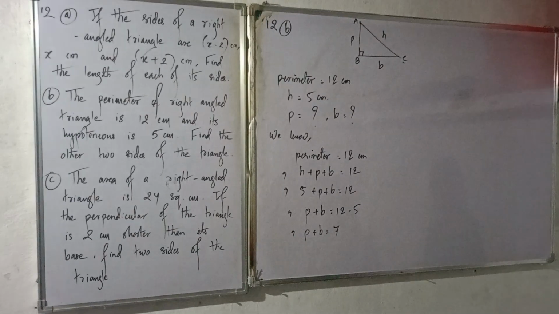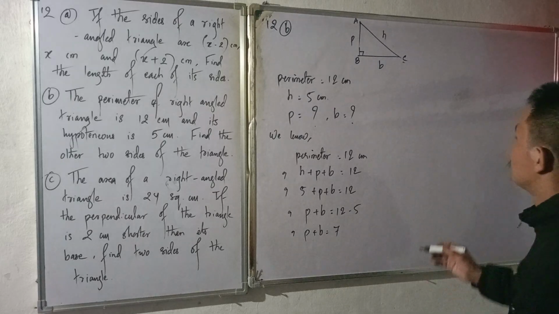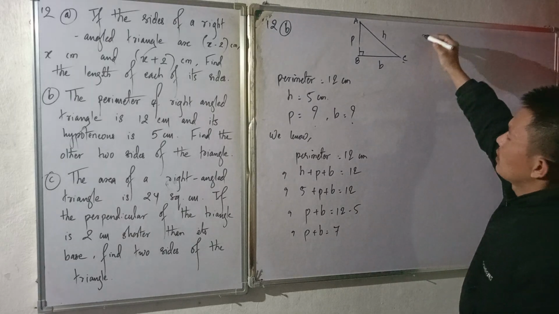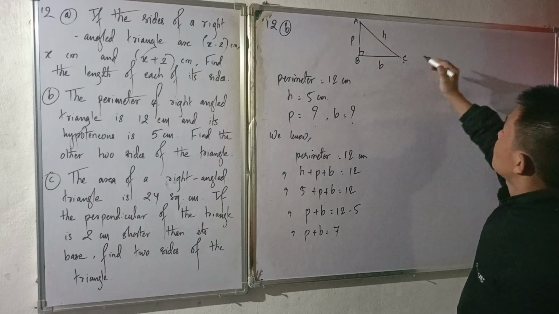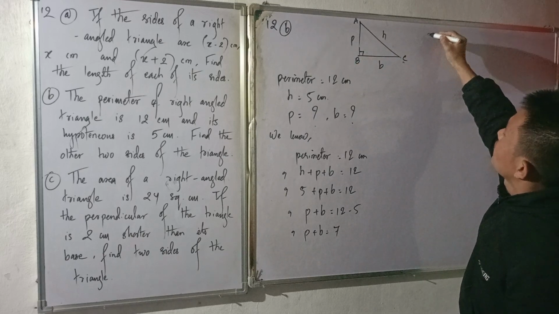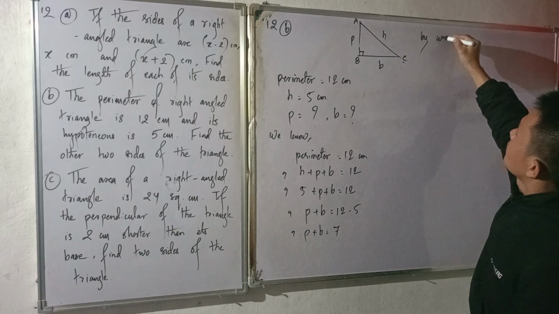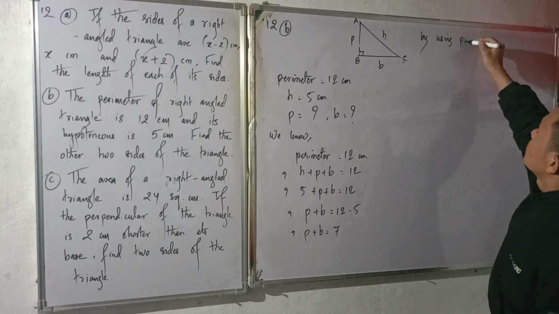So after writing this, now you can do a little bit here. Since this is a right angle triangle, only in a right angle triangle you can use the Pythagoras theorem.